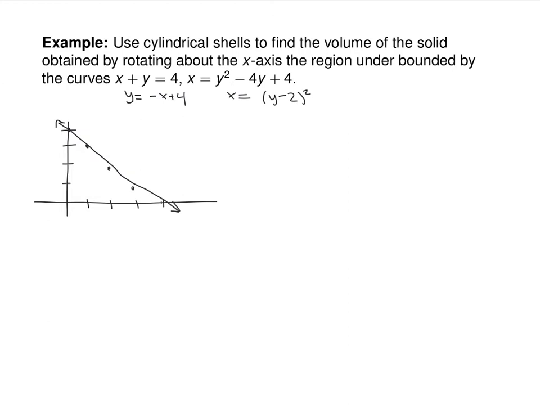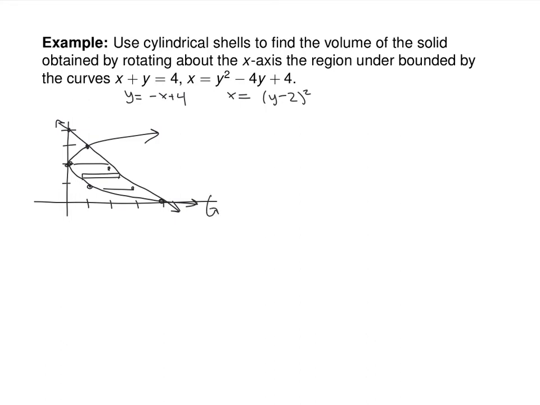Now, y minus 2 squared is like a sideways parabola moved up 2. And you can verify for yourself by plotting points that it looks like this. So that region between them, this stuff, is the stuff we're spinning about the x-axis.